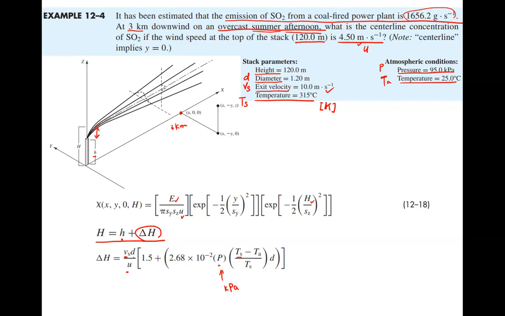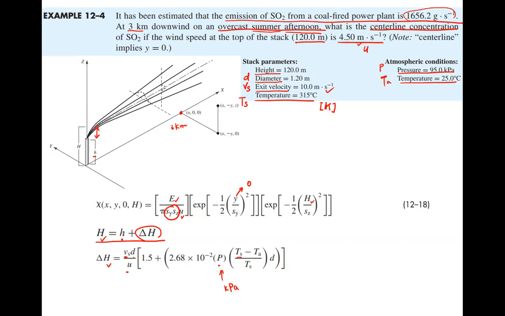So you see that delta H can be solved, then H can be solved. And y is equal to 0, since it's talking about along the center line. The only unknowns are Sy and Sz, which are the spread of this smoke.